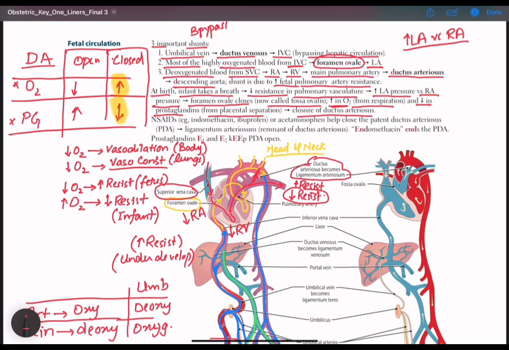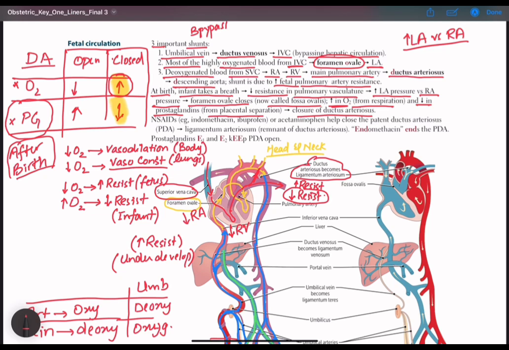Now, there are certain states when the ductus arteriosus doesn't close properly, or in other words, the closing or opening of ductus arteriosus after birth depends strictly on prostaglandin as the O2 content has already increased after birth.